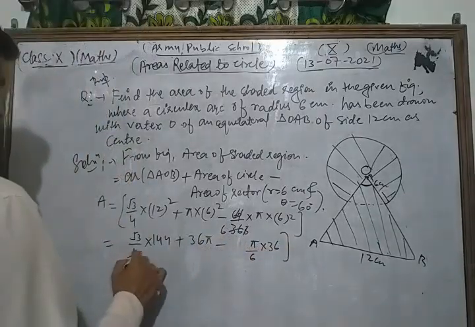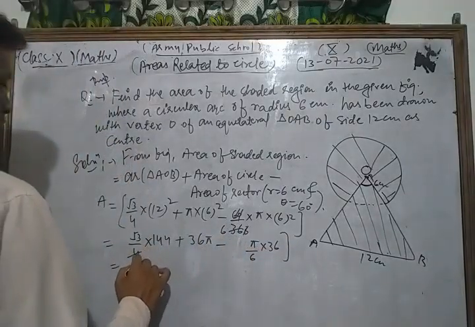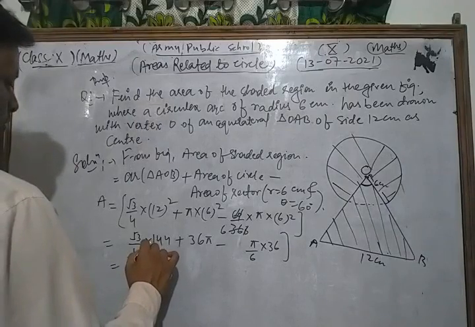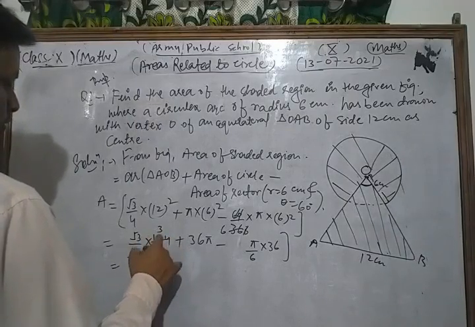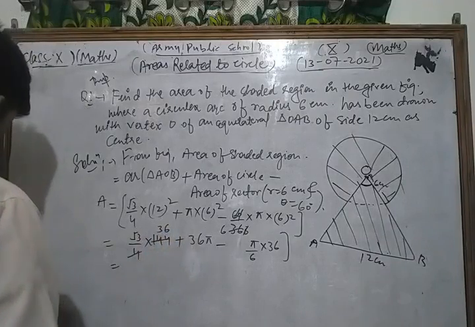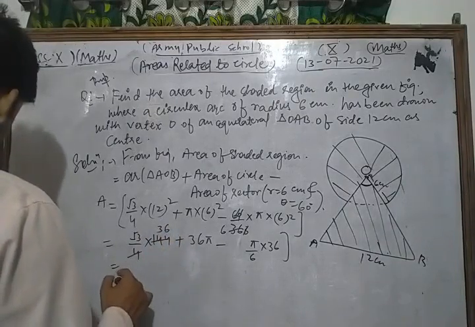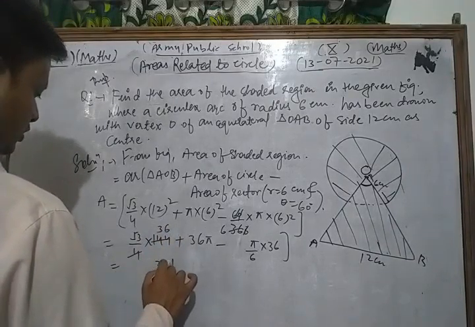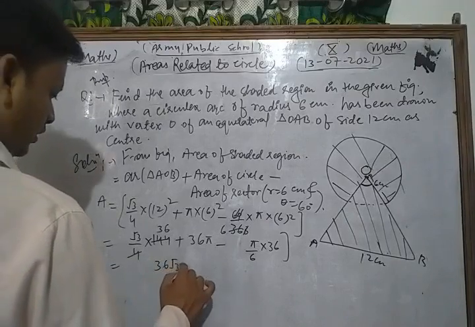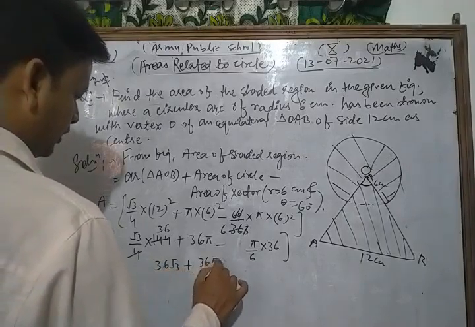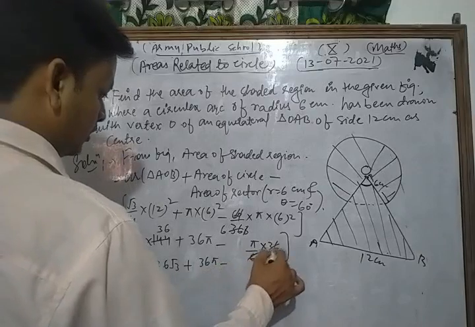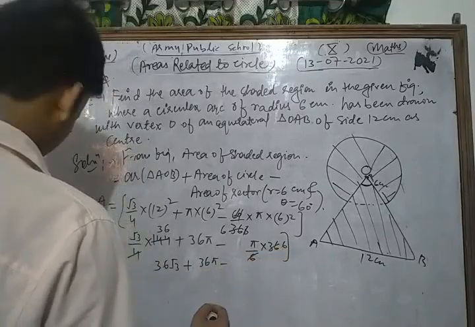Now here 4 3s are 12, 6 into 36 under root 3, so 36 under root 3 plus 36 pi minus 6 pi.